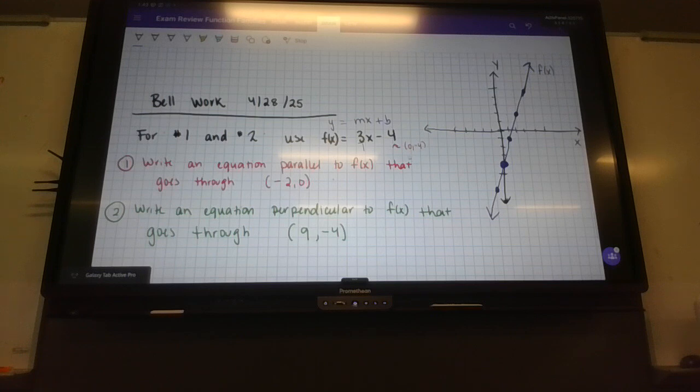Nathan, what's the slope of f of x? Up 3 over 1. So our slope is 3. And then we're supposed to be moving through this point, -2, 0. We're going to label that x1, y1. So I'm plugging in 3 and -2, 0 into the point slope form, and I'm going to rewrite it, and it's going to give me my equation.